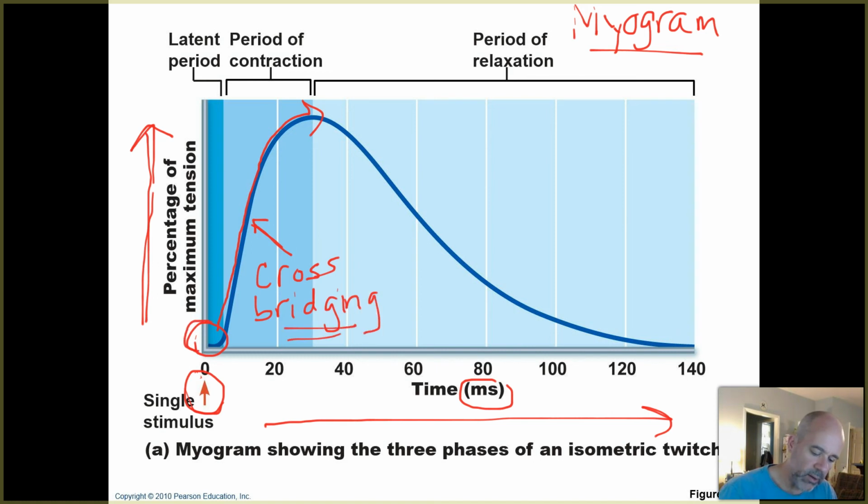Now, why do you think you have that little lag there, that latent period initially? So if you think back to all that rigmarole we learned about a few video lectures before, the motor neuron generates an action potential that causes acetylcholine to be secreted across the synaptic cleft.